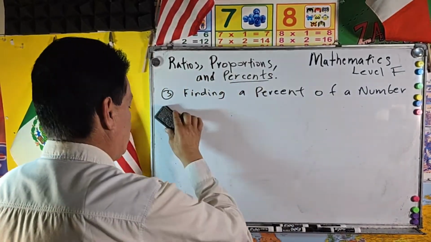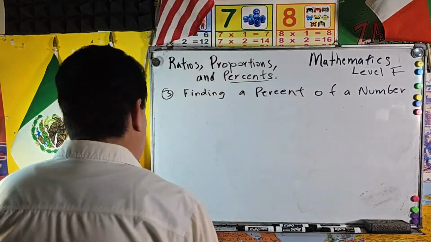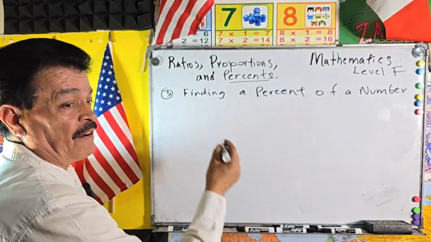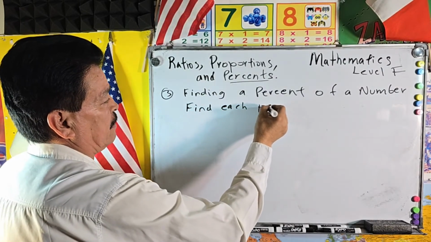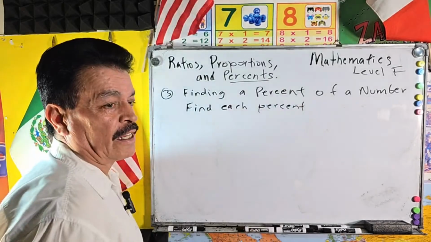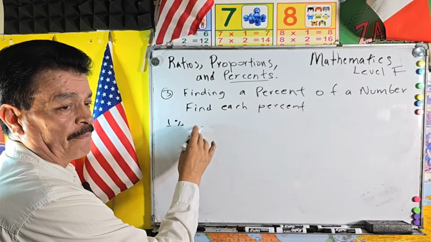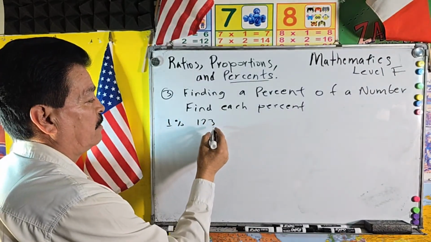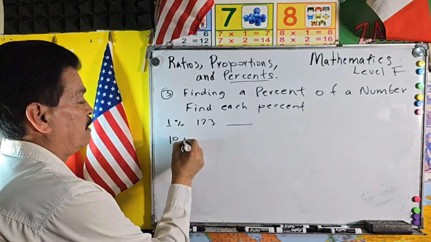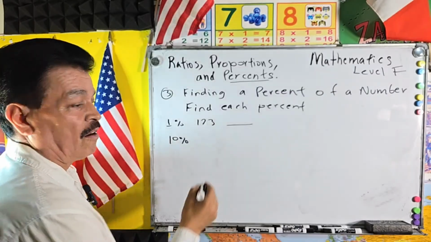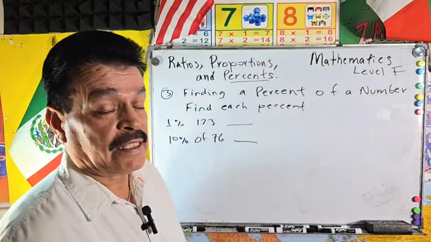Find each percent. It's a like exercise. We have 1% of 123, and then 10% of 76. Problems like this come in your test.